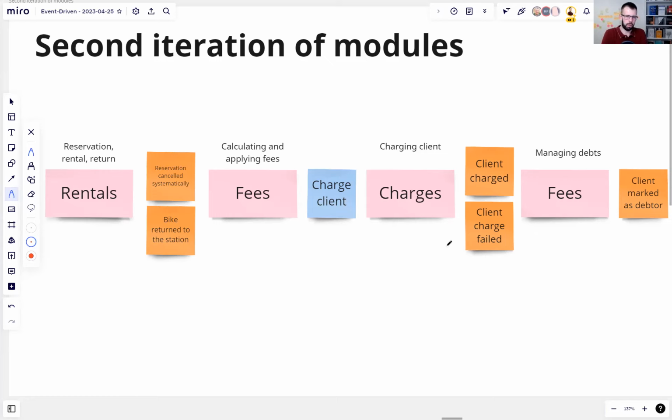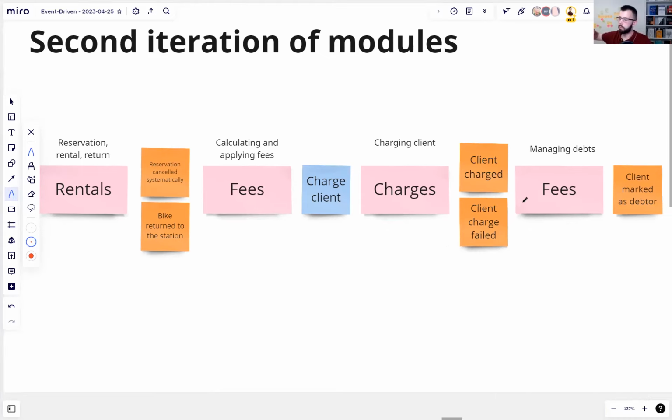They just want to charge, and that's all. And only apply the payments for something. So somebody else needs to manage this debt, and this capability would need to transfer to some other module.